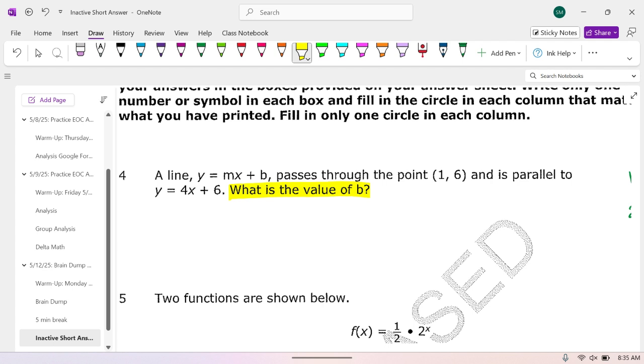Let's go with Brian. What do you think is an important piece of information in this problem that I need? Right. So passes through the point (1, 6). All right. What else is important?